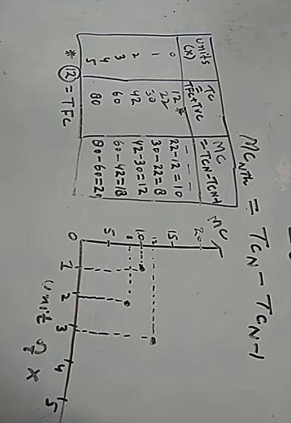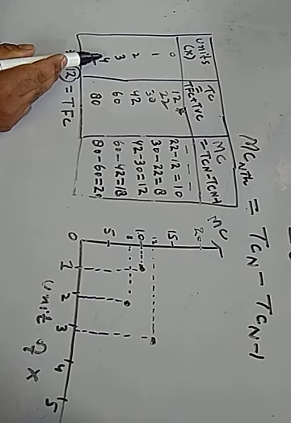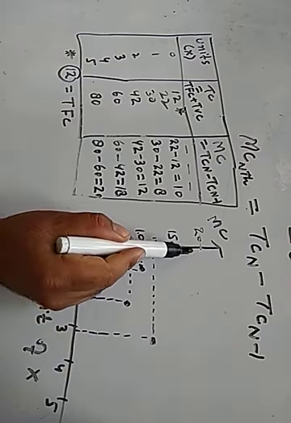Then marginal cost is 18 for producing this additional unit, the fourth unit of commodity X. 18 will be here.